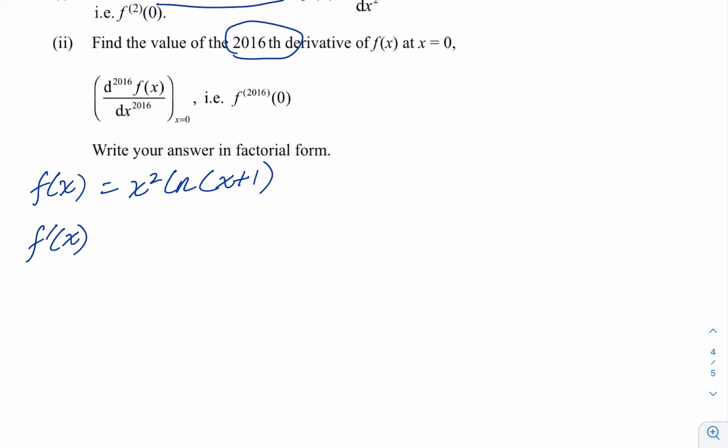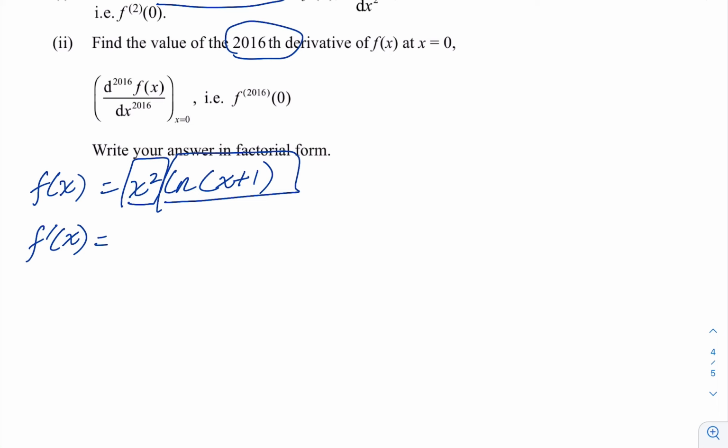There are two functions in this function, x squared and ln(x plus 1). So, we need to use the product rule: f g dash plus g f dash.